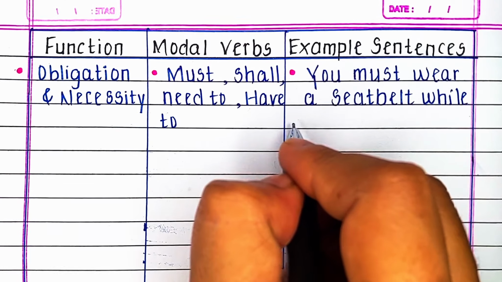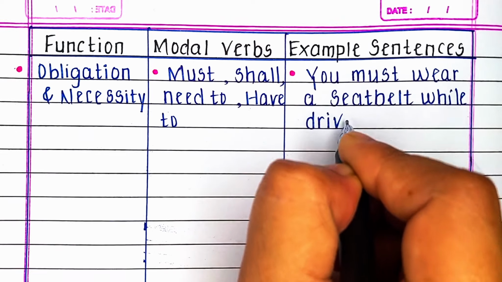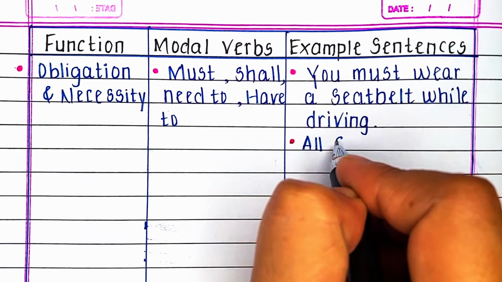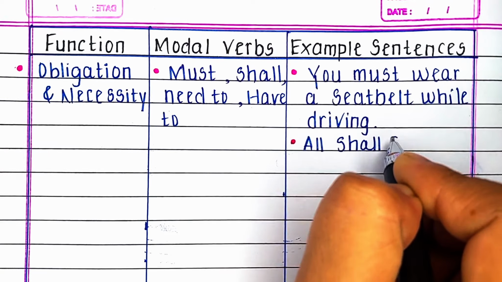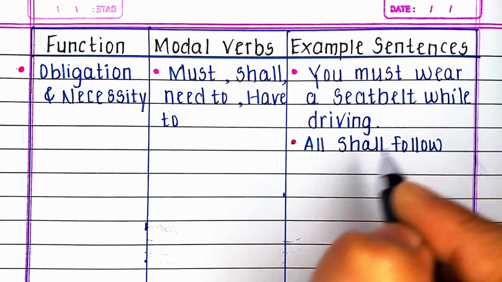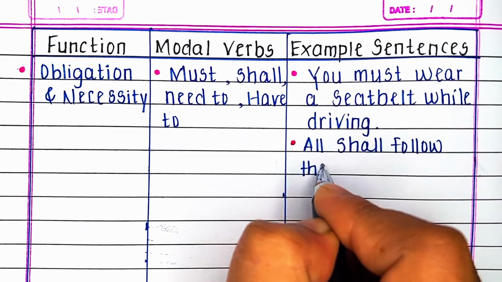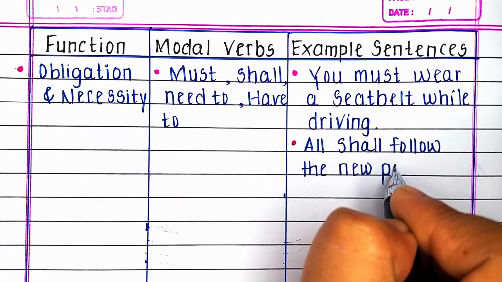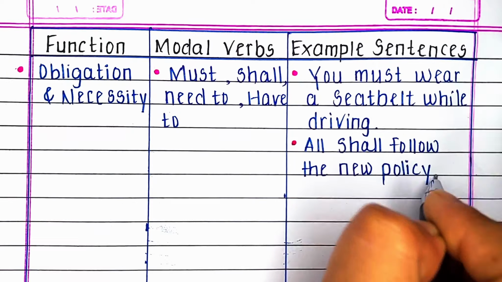First is must. Example is, you must wear a seat belt while driving. Next is shall. Example is, all shall follow the new policy.